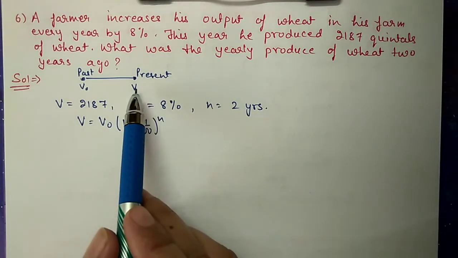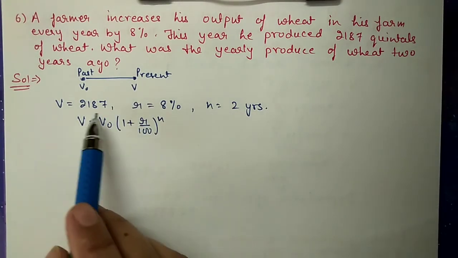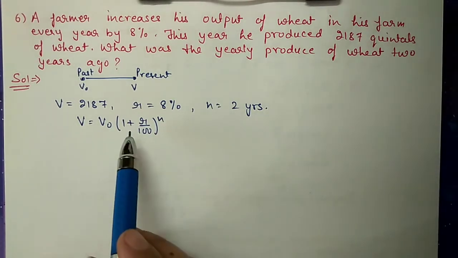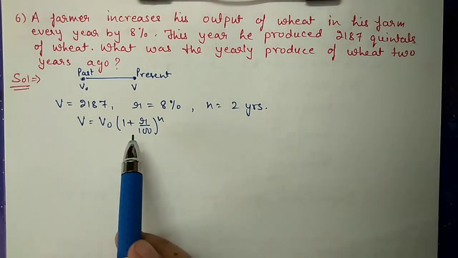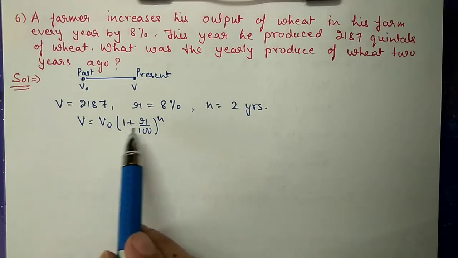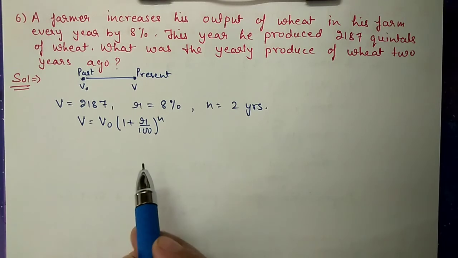So, present value is given, means V is given now, 2187, rate of growth is 8%, time 2 years. And because here growth, increase is there, we will use the plus formula. V is equal to V naught times 1 plus R by 100 to the power n.